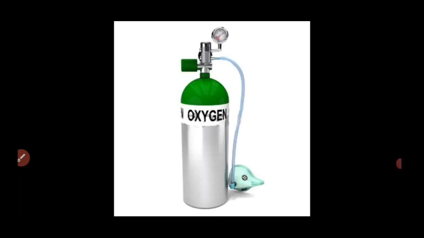He called the gas fire air or vital air, because vital means very important. It was found to support the process of burning. So oxygen is the supporter of combustion, and it was independently discovered by the British scientist Joseph Priestley in the year 1774.